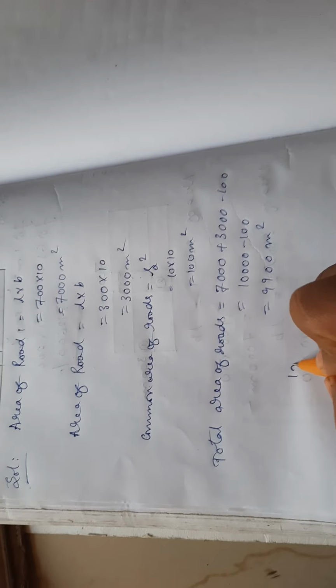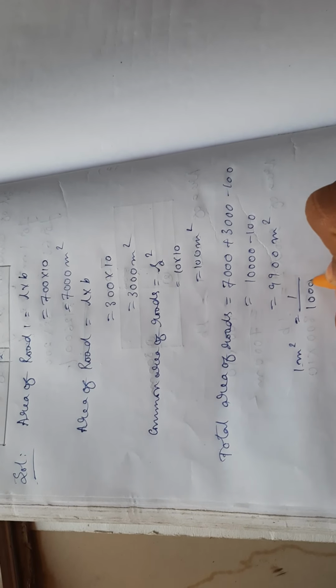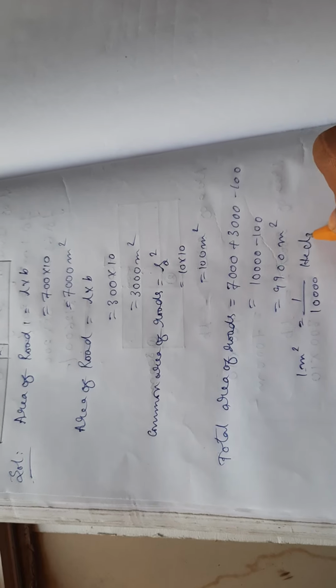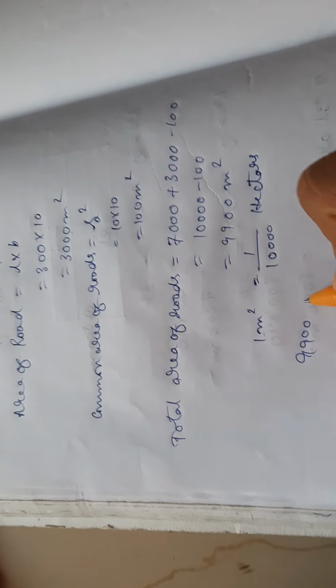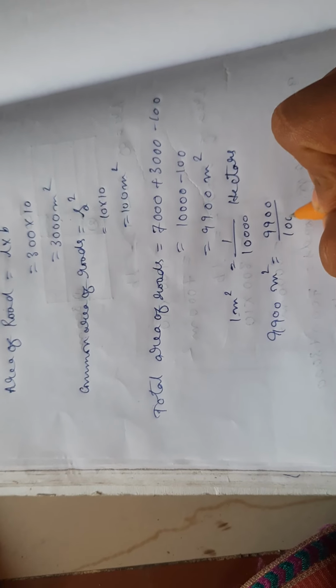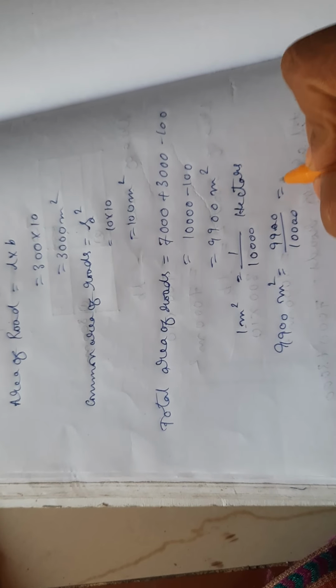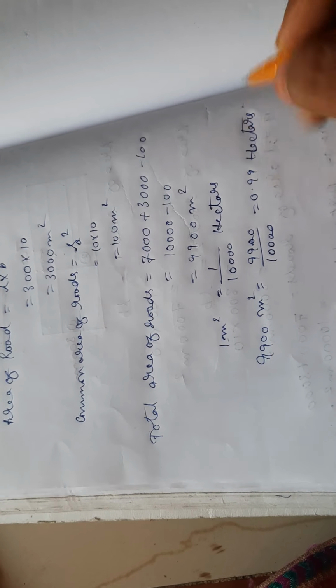So we know 1 meter square is equal to 1 by 10,000 hectares. I already told you. Now 9900 meters square is equal to 9900 by 10,000, which is equal to 0.99 hectares. So this is area of roads.